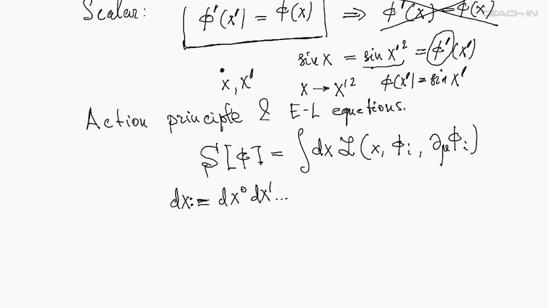So I assume that I'm considering such objects on a d-dimensional space-time, where x0 signifies the time direction. So x0 is c, speed of light, multiplied by t. And the other directions, x1 and so on, d minus 1, are spatial directions.